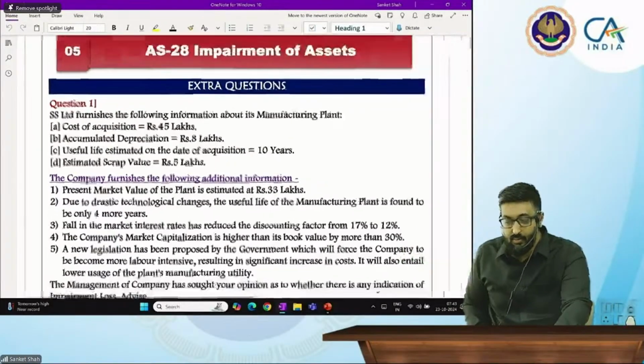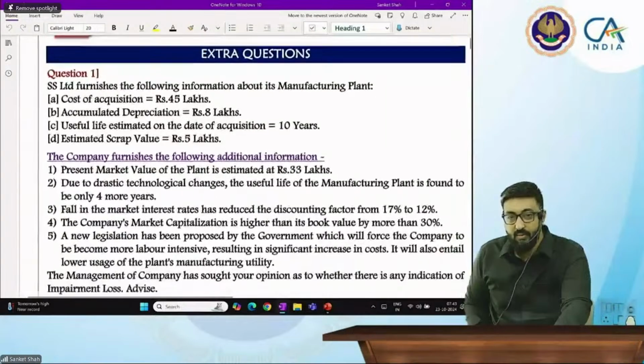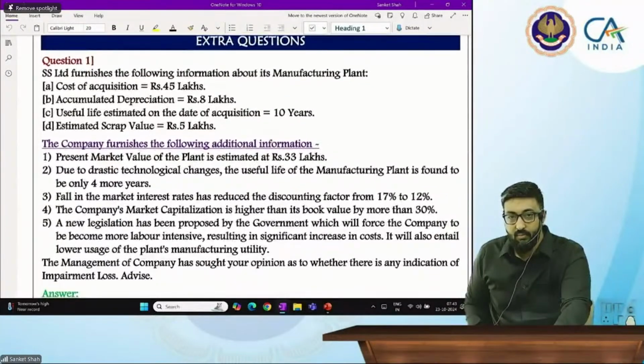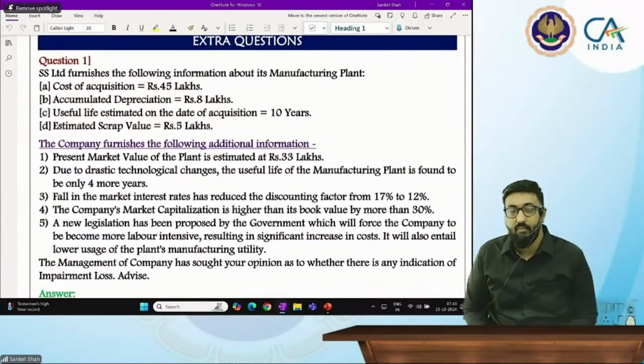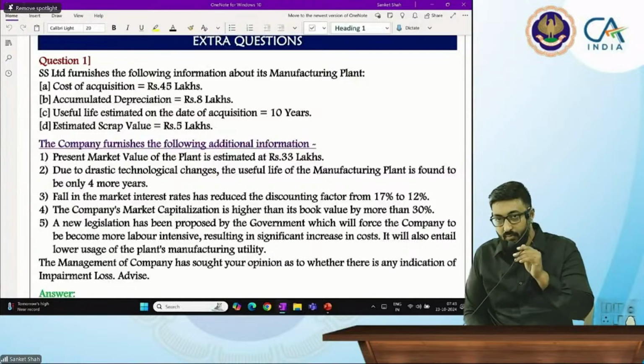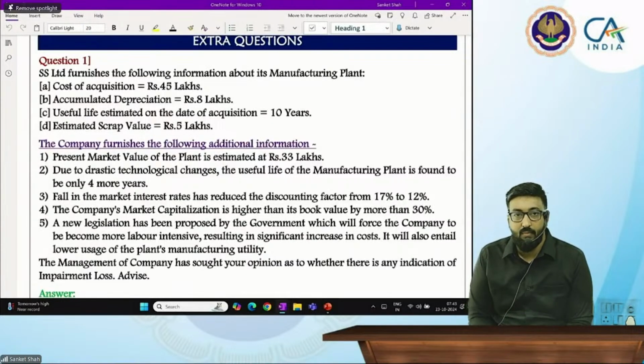Yes. Adishri, read this question. SS Limited furnishes the following information about its manufacturing plant: cost of acquisition, accumulated depreciation, useful life estimated on the date of acquisition, estimated scrap value. The company furnishes the following additional information.